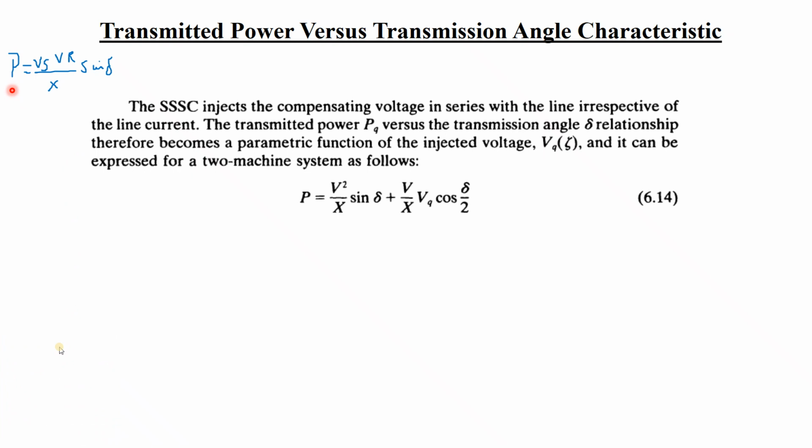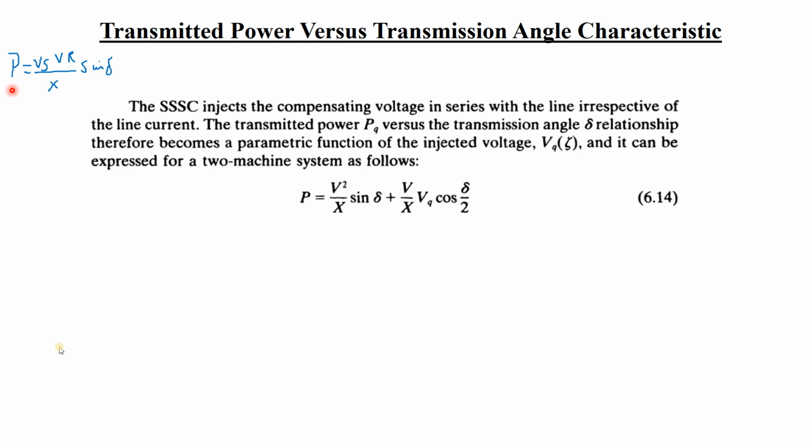It is known to us. But here, the sending end voltage and receiving end voltage, suppose we are considering to be the same. Why are we considering them to be the same? Because there is some injected voltage in the system as well.